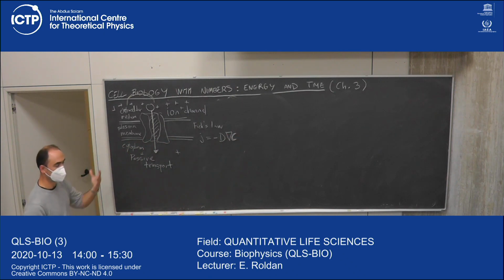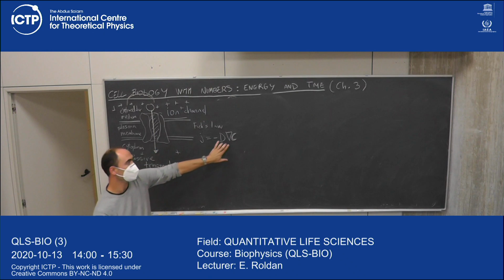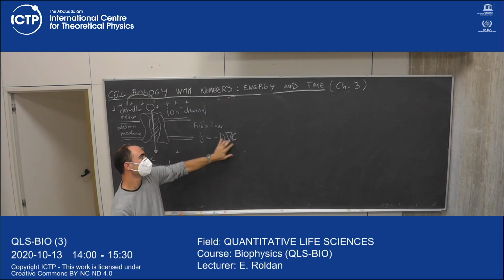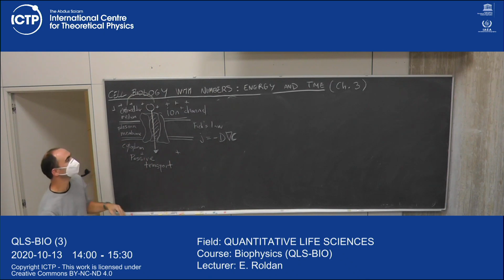So you don't go up here, you go down here. There is a lot of concentration here, so there is a current moving you down here. This is the slope of C of x. This is against the slope. So as Boris is doing, like this. But why is there a negative sign?